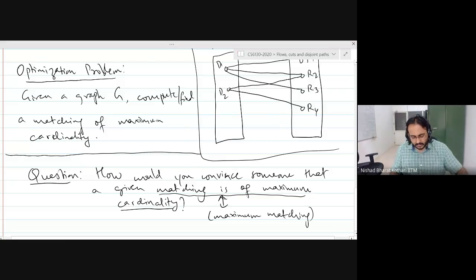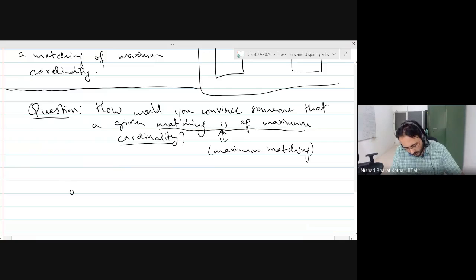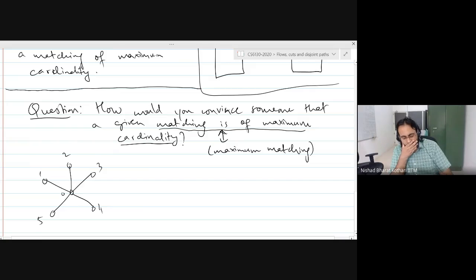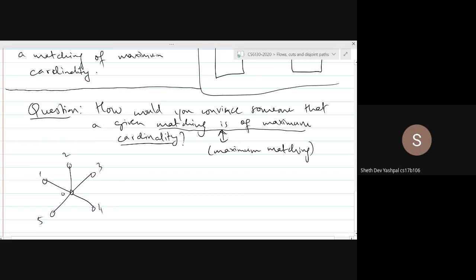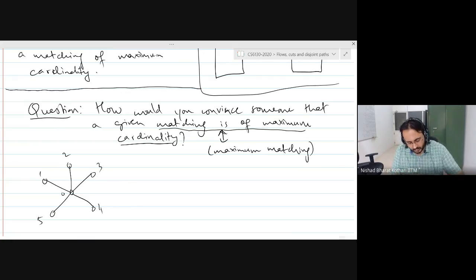So let's start with some examples. Let's take a very simple example. What is a maximum matching in this graph? Just one edge. So let's take this edge. How would you convince me that this is a maximum matching?